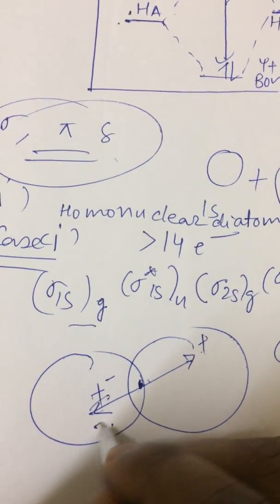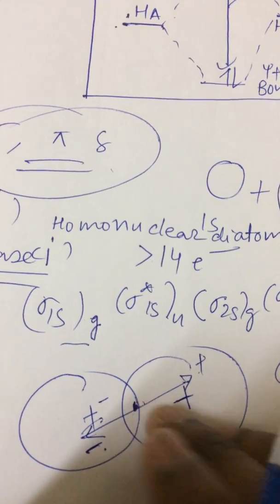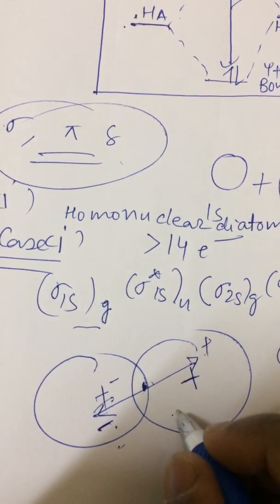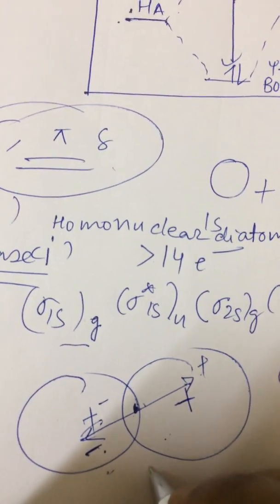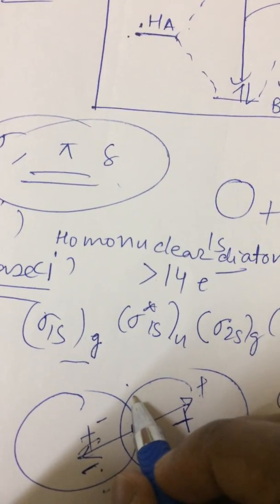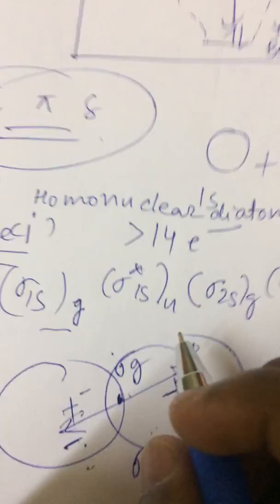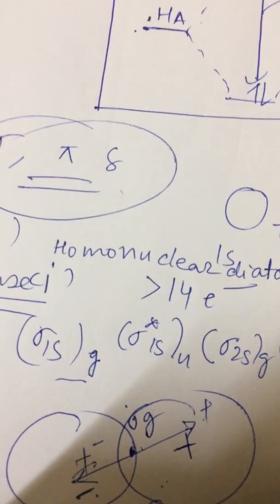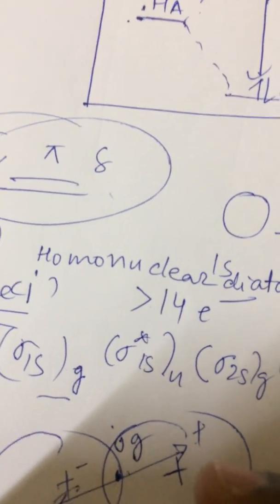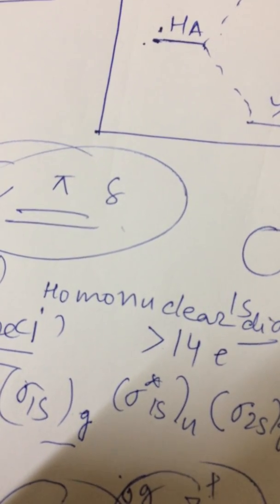If we get minus on one side and plus on the other, both sides are not the same, so we say ungerade. If both sides come out the same, plus to plus, you can say gerade, sigma gerade.